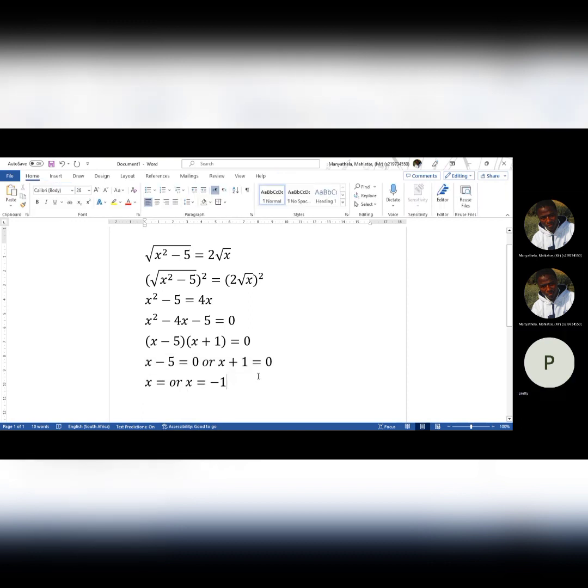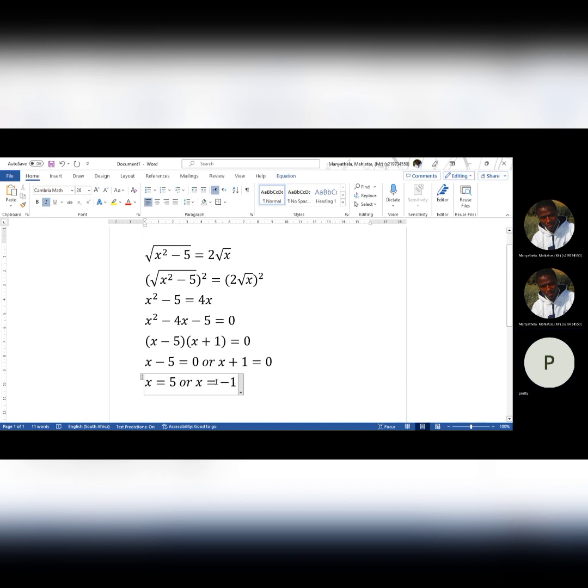But then you must be very careful. When you're solving an equation with a square root, always take the values you have found, plug them into the equation and check that it gives you the right-hand side. If it does not, then scrap the other one.